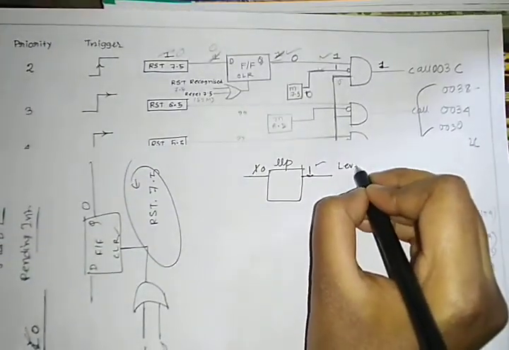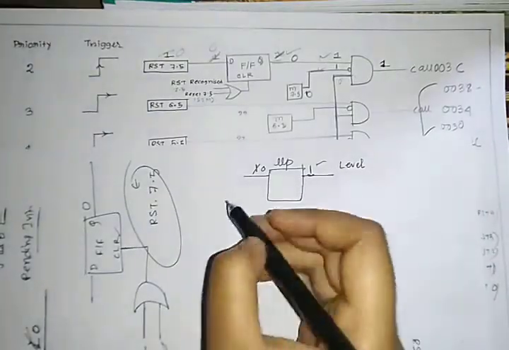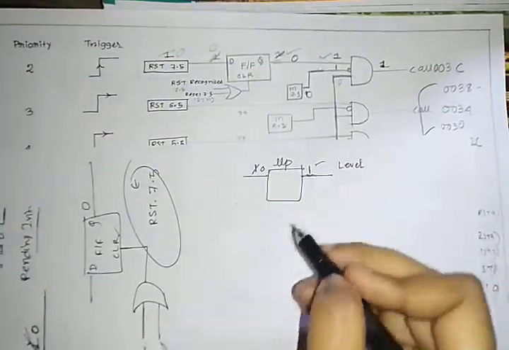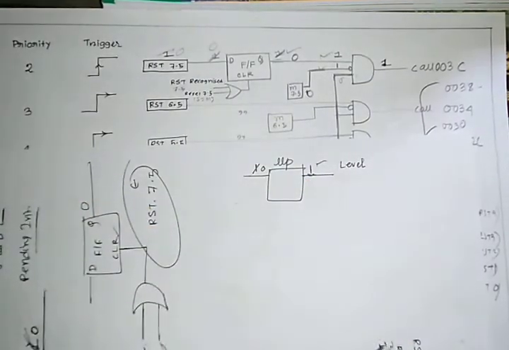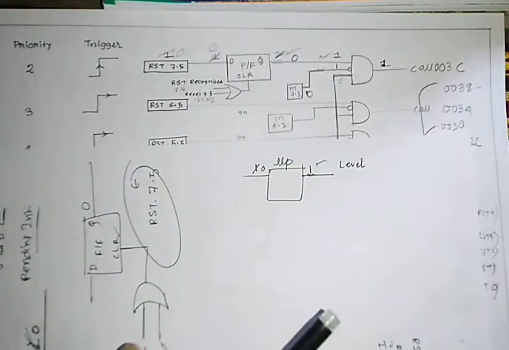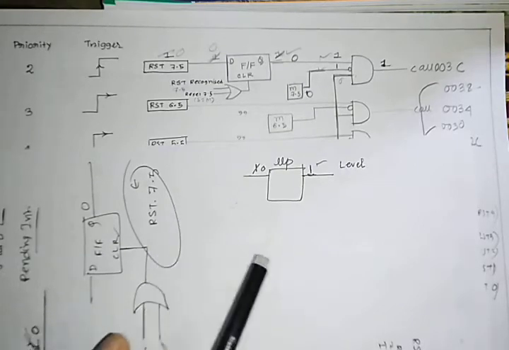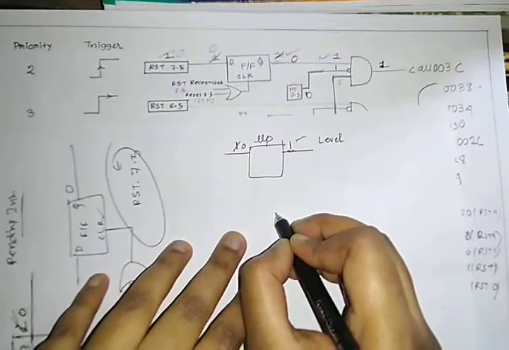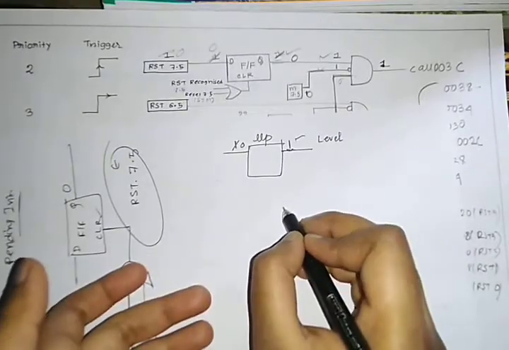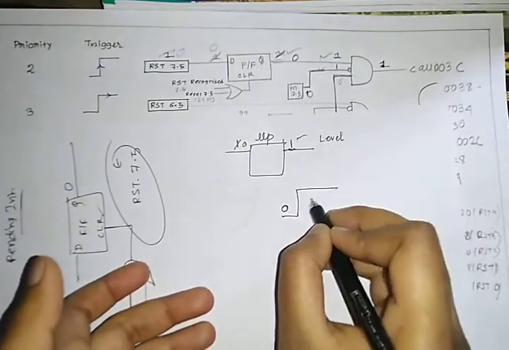It is a level triggered interrupt. Whenever MUP sees this is 1, it will not hesitate to perform this interrupt. But in case of RST 7.5, as it is an edge triggered interrupt, I need to see that action taking place from 0 to 1.